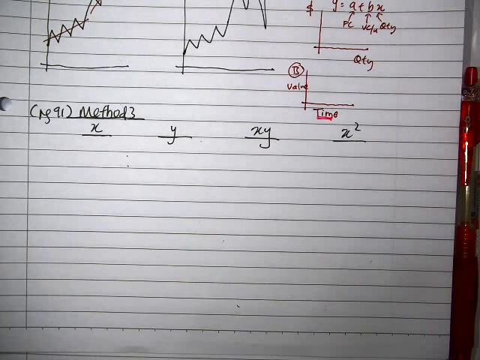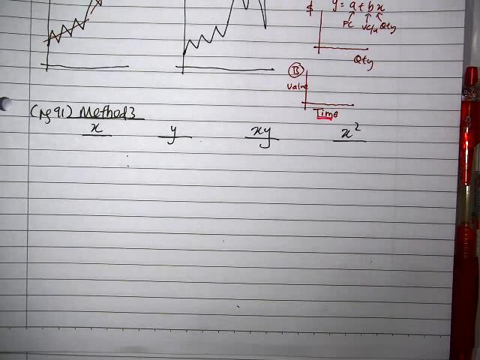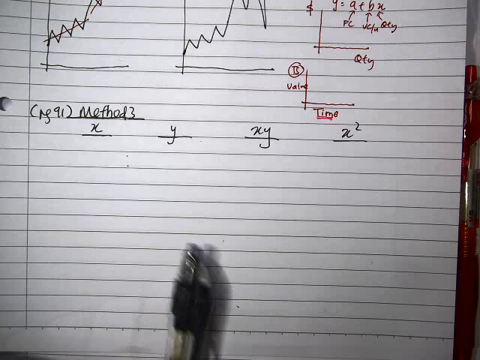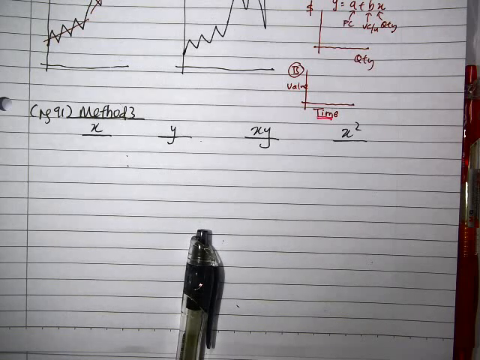Now time is just a sequential increase in value. That means if you say days, Monday, increase another day, Tuesday, Wednesday, Thursday. Or you say month, January, increase one more month, February, March, April.